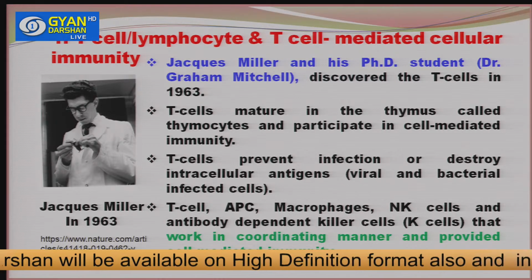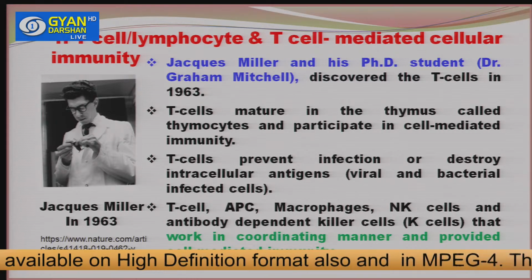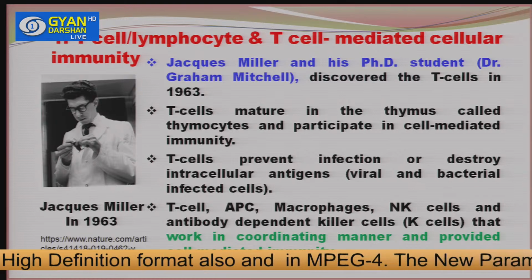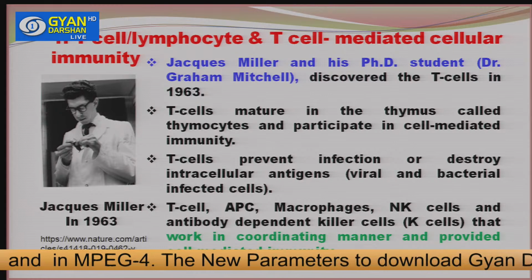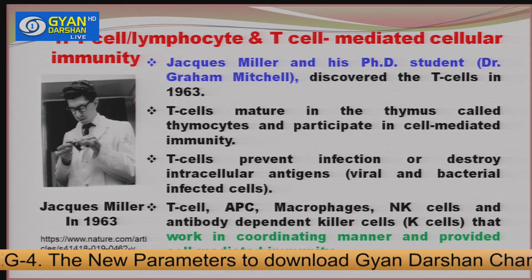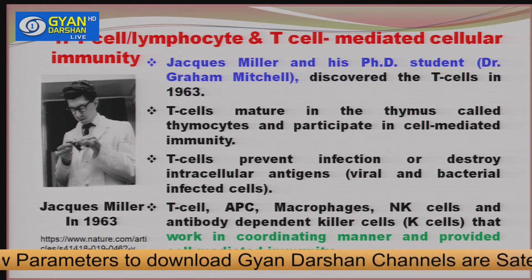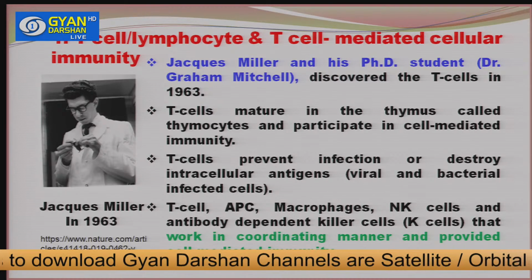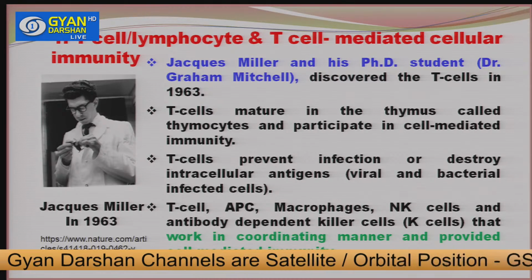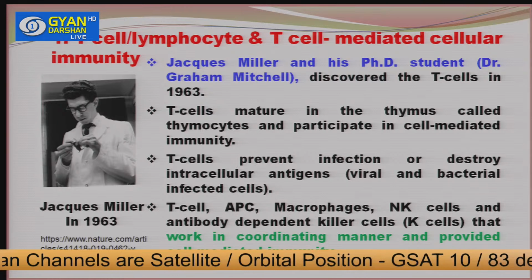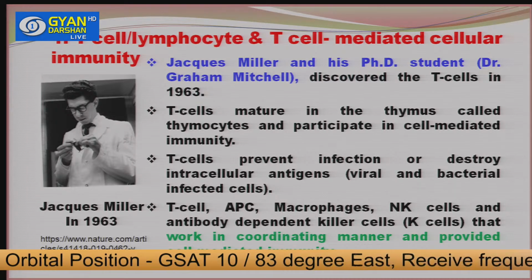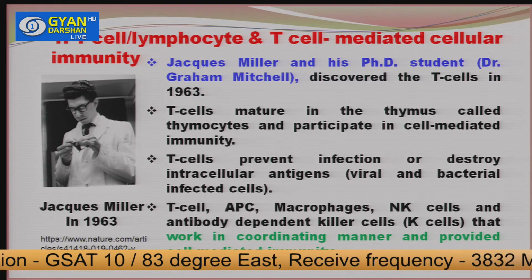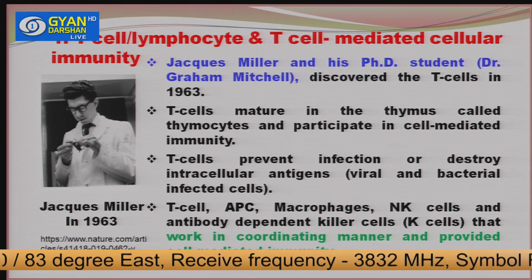It means the T cell was first discovered in 1963 by Jacques Miller and his PhD student Dr. Graham Mitchell. And T cells mature in the thymus, which I have already discussed in my previous lecture. They mature in the thymus and participate in cell-mediated immunity.